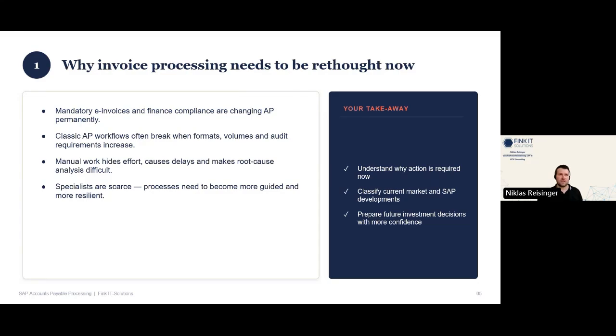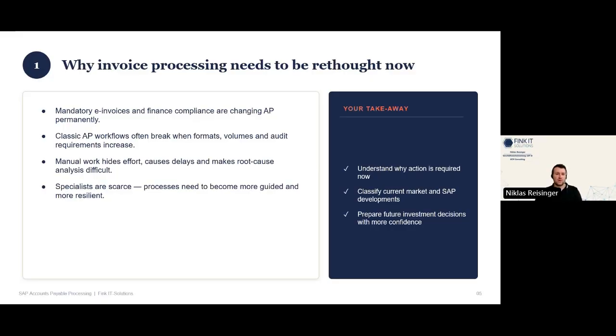Now you have invoices that are complete and machine-readable, so you don't really need the OCR, you don't really need the validation process in front, but you have machine-readable invoices. The classic AP workflow often breaks when format, volume, and audit requirements increase, so you need to rethink that workflow.